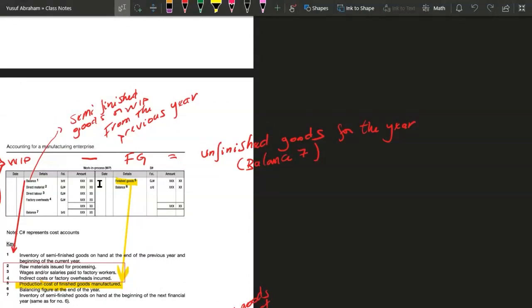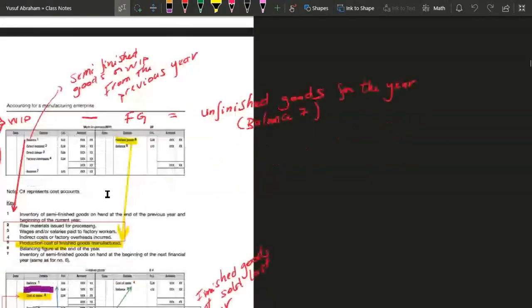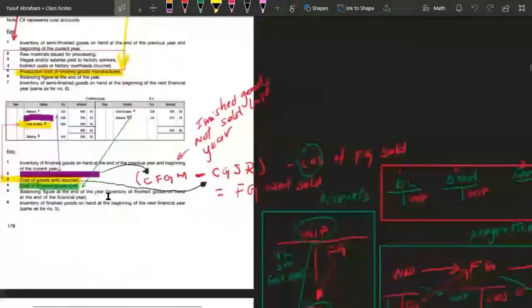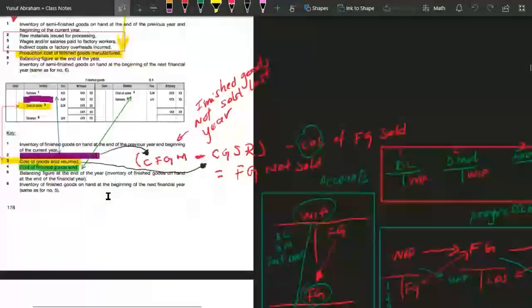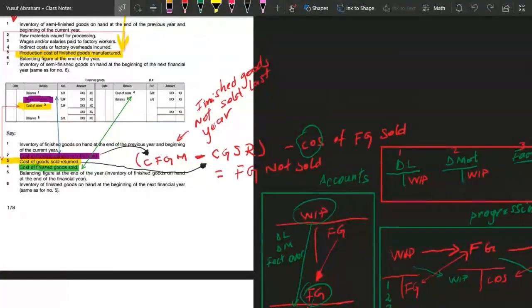So we need to not take into account the 2 that were not finished. We need only to take 8 because 8 is the finished good. Does this make sense? Okay, perfect. All right, so I can continue now.